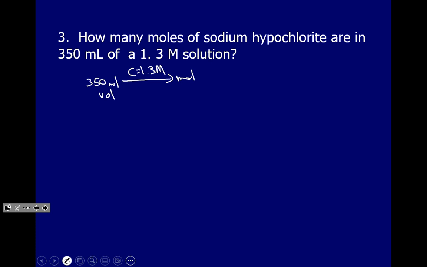So if I'm making a solution for you in a laboratory, then I'm going to take so many grams and dissolve it. And then if I need you to do a calculation to figure out how many moles, I need to tell you how strong I made that. I write it on the side of the jug, 1.3 moles per liter, and then you know how to do the calculation for that solution.